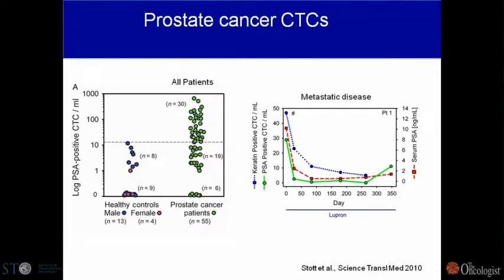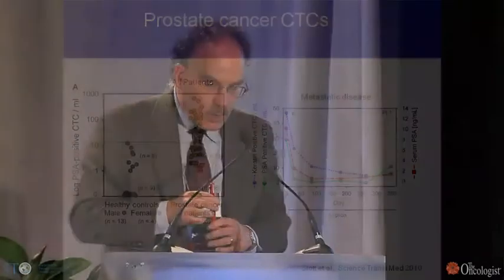And again, if you follow patients with metastatic disease and you treat them with hormone ablation, in this case Lupron, you see a very rapid drop in the number of CTCs that corresponds very well with the drop in serum PSA levels. Again, in both our lung cancer studies and our prostate cancer studies, there's no correlation between the bulk of tumor as measured by PSA or by X-ray at presentation and the number of CTCs.